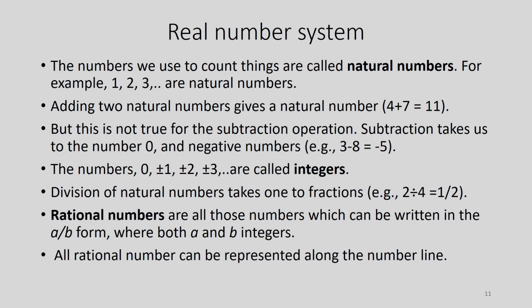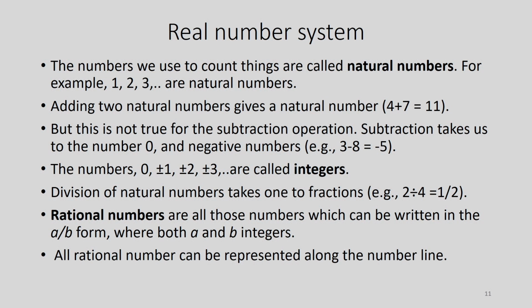So, if you take 4 and you do 4 minus 4, you get 0. 0 is not considered to be a natural number. Similarly, if you take 3 and subtract 8 from it, then you get a number which is called minus 5. Minus 5 is not a natural number.